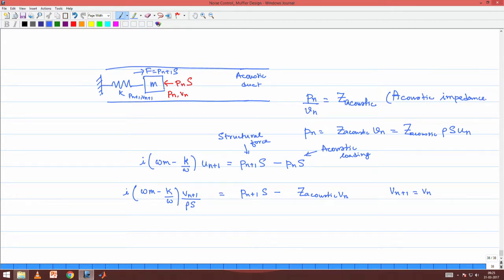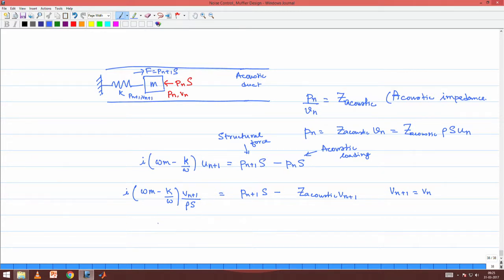This is not a spring element, this is a mass element which is driving the structure. So, we are driving the acoustic field. So, V n plus 1 must be equal to V n as per the drawing. The left face of the mass and the right face of the mass has to have the same velocity. So, we will make this V n as V n plus 1.